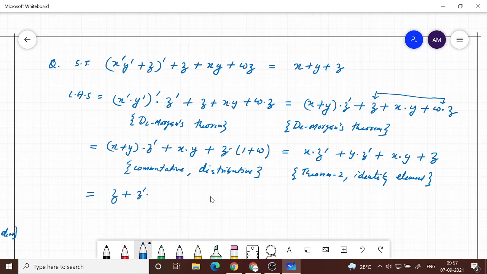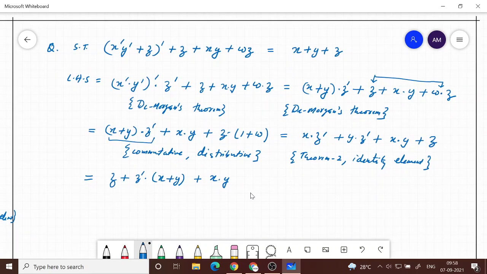Okay, I'm just going back. This I have distributed, but now I am taking it back to x plus y. Which is basically this term only, but I changed the order. I put the z first and then I have x dot y. So I just used basically distributive and commutative once again. It's okay, so same thing.